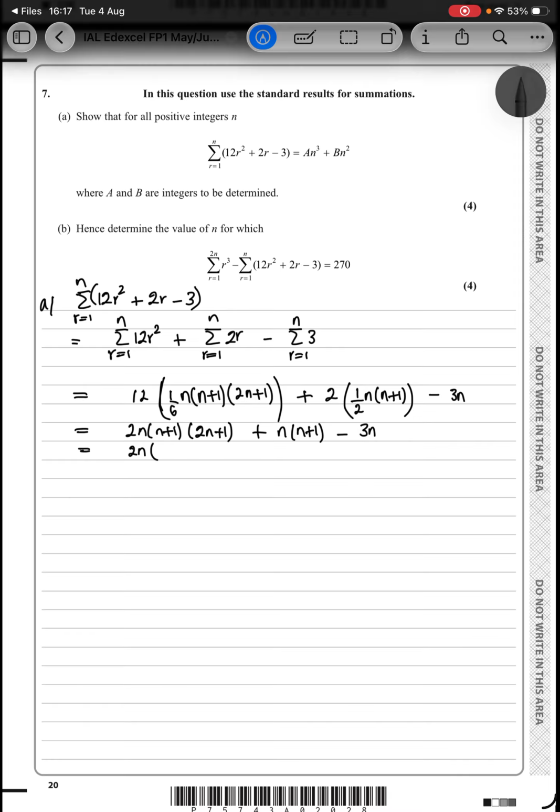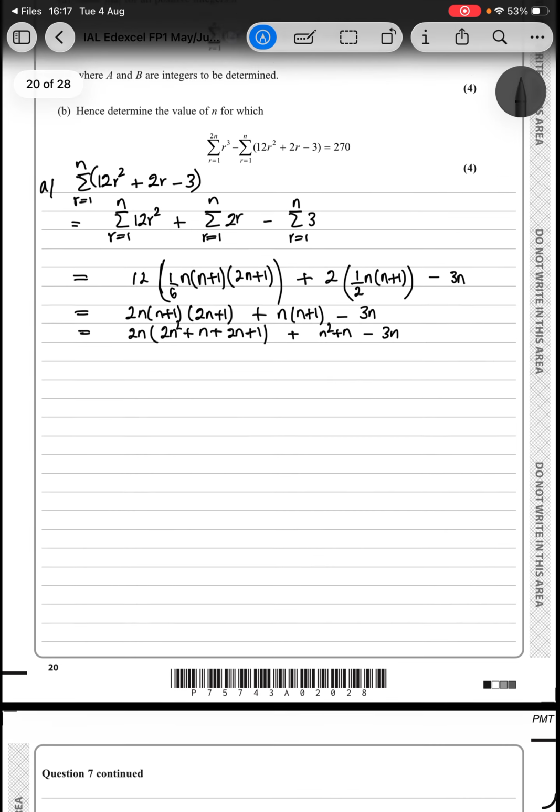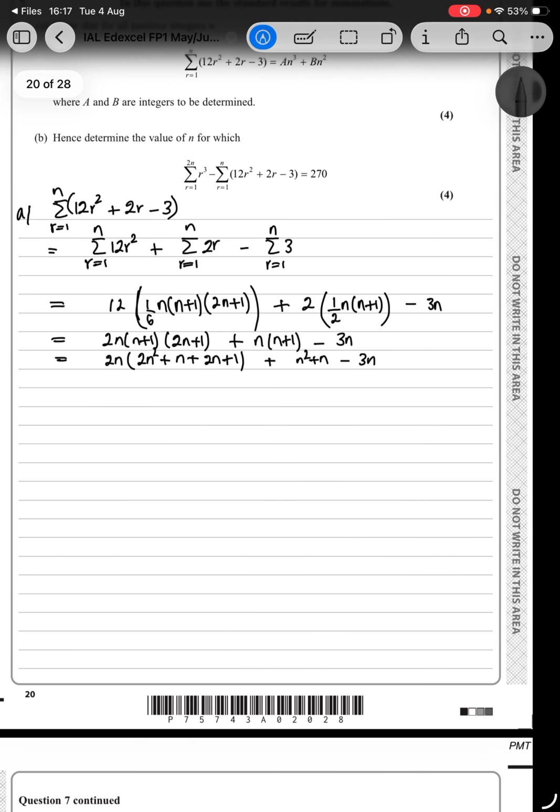So n times 2n is 2n squared plus n times 1 is n plus 2n times 1 is 2n plus 1, plus n squared plus n minus 3n.